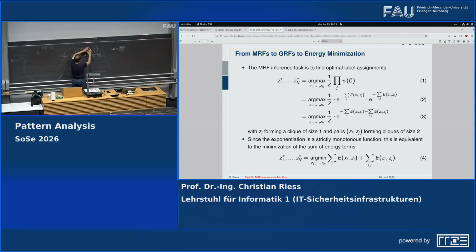So what we are assessing here is one particular labeling. We are interested in the single labeling that argmaxes this expression. We're looking for that labeling out of all these choices that maximizes the whole thing, so it minimizes the energy term.